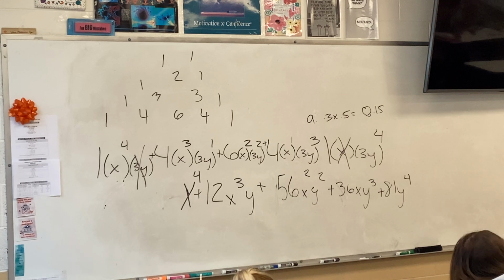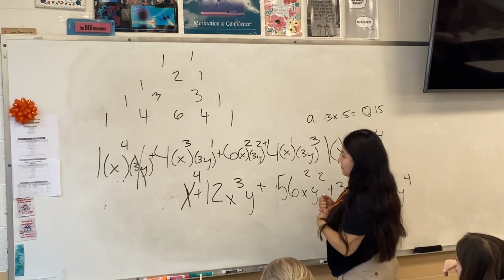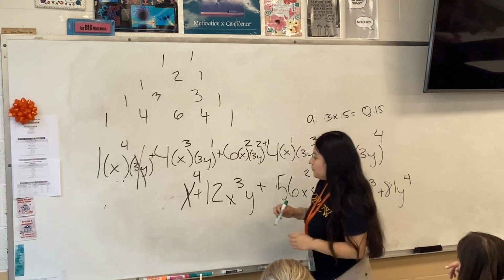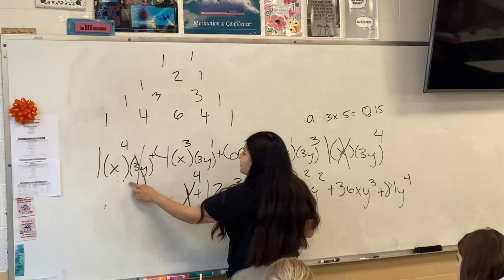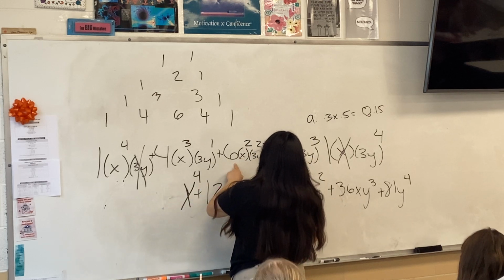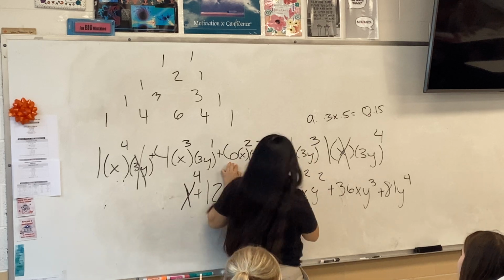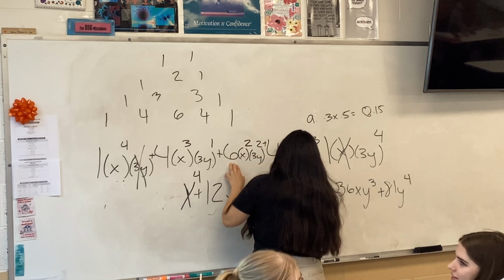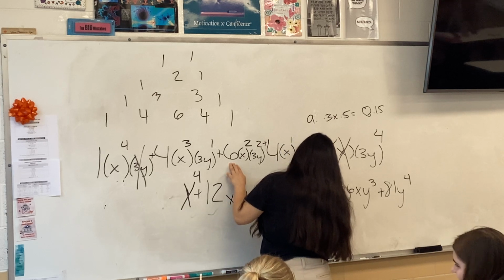X to the 4th is correct. 12 x cubed y is correct. The next term, though, should be 6 times 9. And what's 6 times 9? 54. So change that 56 to a 54. Oh, where did I get 56 from? I don't know, it's okay.